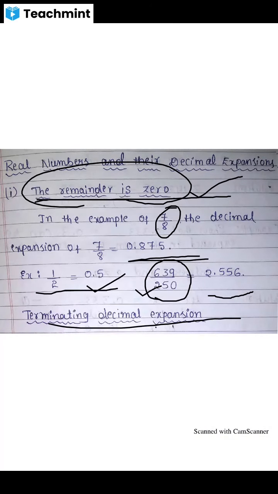Terminating means it has an end. When you get the quotient ended, with the remainder 0, such decimal expansions are called terminating decimal expansions.